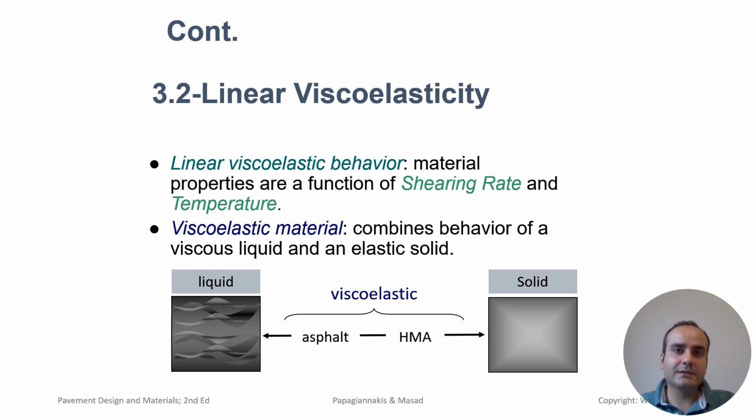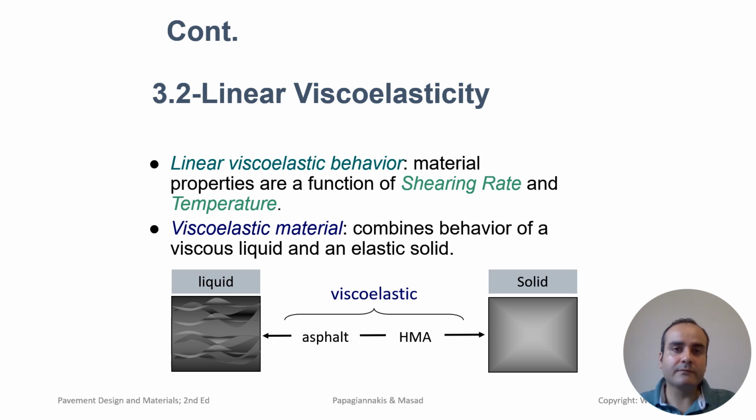As mentioned, asphalt binders exhibit viscoelastic behavior. At high temperatures or low loads, the binder behaves more like a viscous liquid, flowing easily. But at lower temperatures or higher loads, the binder behaves more like an elastic solid, which can return to its original shape after stress is removed.